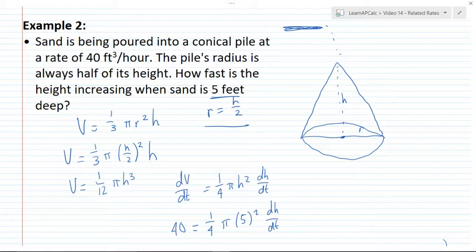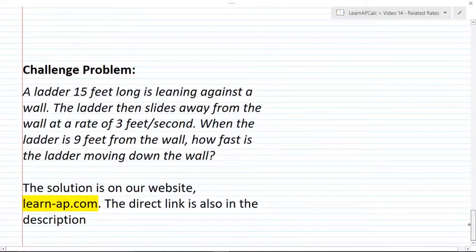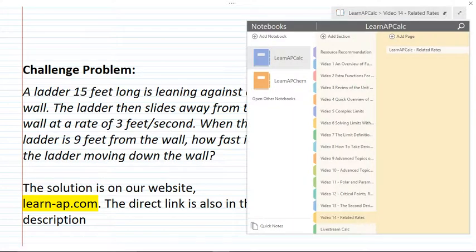But this is by no means easy, and so I think the only real way to get better is to implement that advice in your practice of these. Although this isn't a main thing on the AP Calc test, it is important. And then we capped off with the challenge problem.